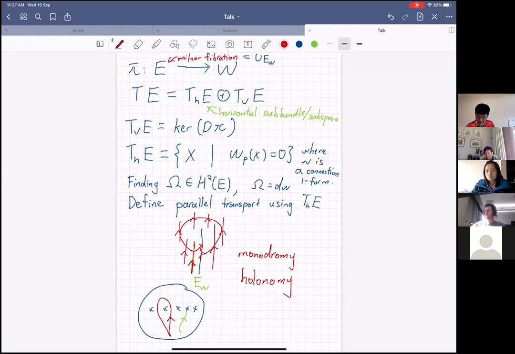Yes, I give a reference on page 263. So you can see the definition of holonomy in the McDuff-Salamon book, Introduction to Symplectic Topology, page 263.